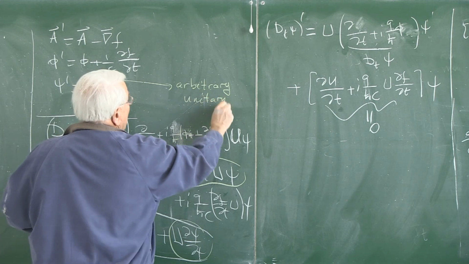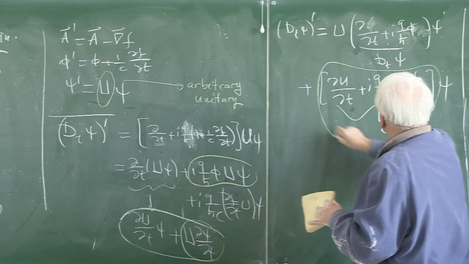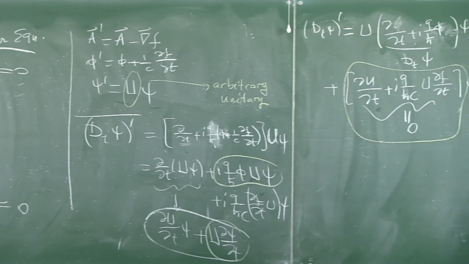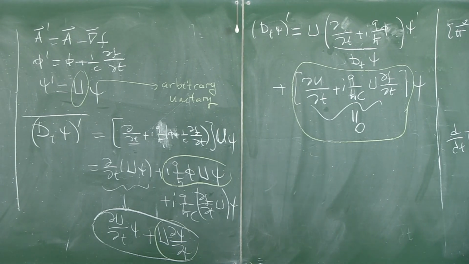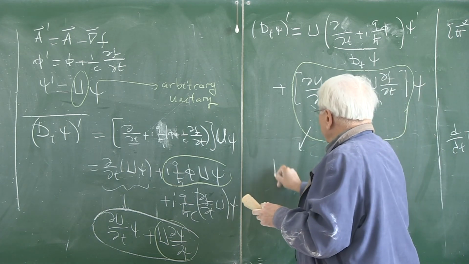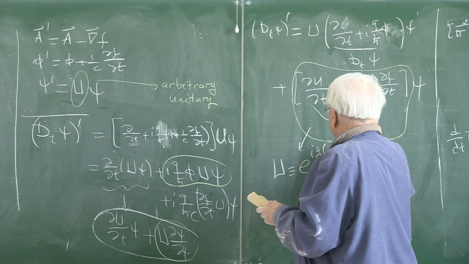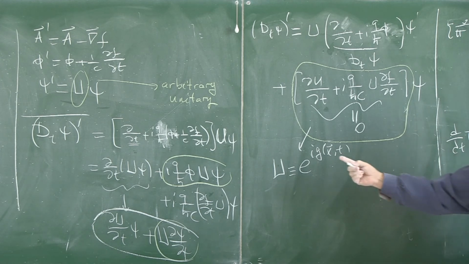So this equation will enable me to determine the u. It was the arbitrary unitary, yet if I now set that equal to 0, I can determine it. How? To determine it, I parameterize u as e to the ig of x,t. G is another unknown, u is unknown. Unitarity is guaranteed.